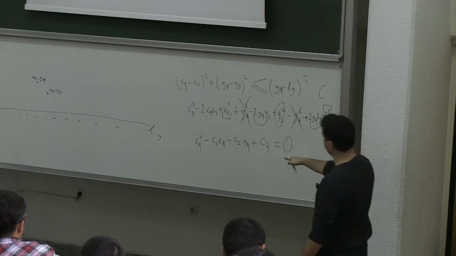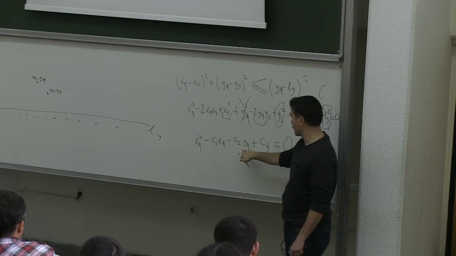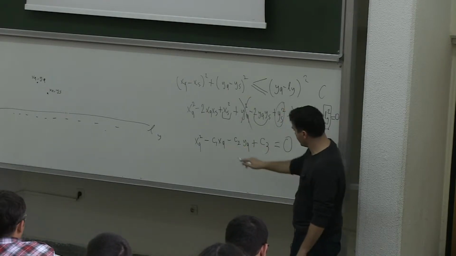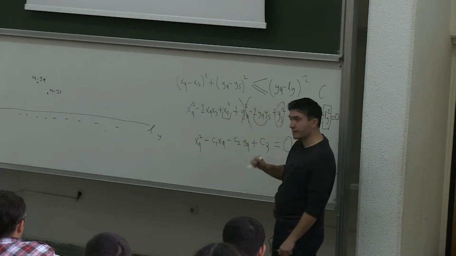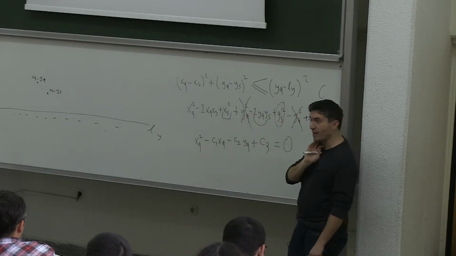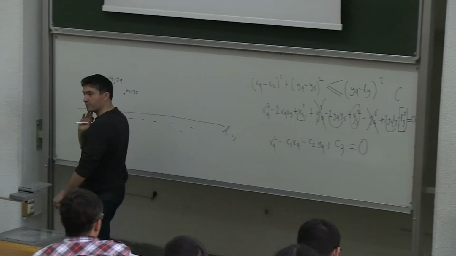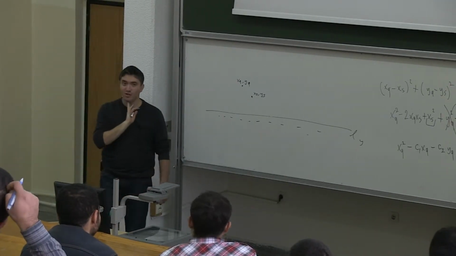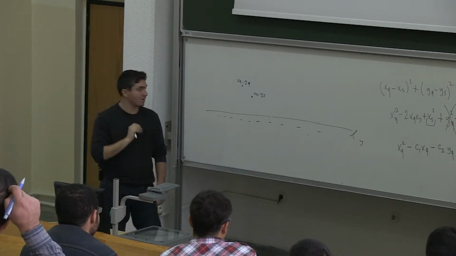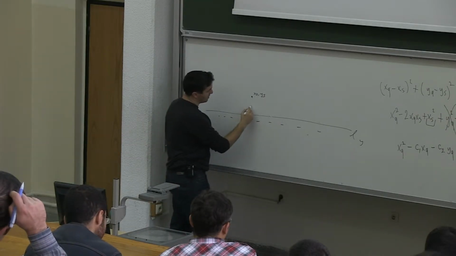Looking at the unknown terms, xq and yq are the unknowns. It's quadratic in terms of the x coordinate, and linear in terms of the y coordinate. So it's not a circle. Do you know what this equation looks like? Yes, it's going to be a parabola.